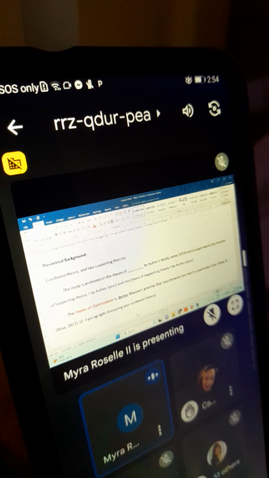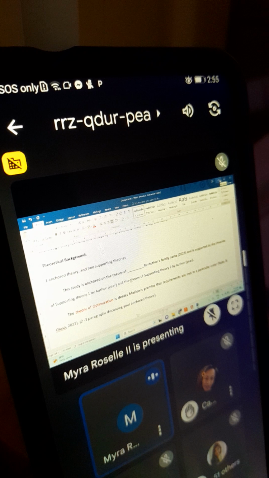If two family names of the authors, year, close parenthesis, period. What if you put the period here? Wrong. The period should be after the close parenthesis. Okay.